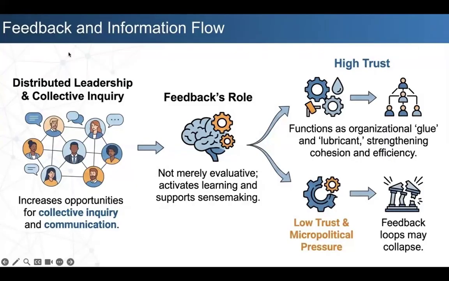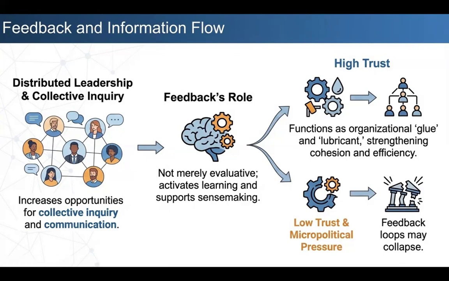So just from some feedback and information flow, distributed leadership and collective inquiry increases opportunity for collective inquiry and communication. Feedback roles, it's not merely evaluative, it activates learning and supports sense making. And then high trust functions as organizational glue and lubricant, strengthening cohesion and efficiency.